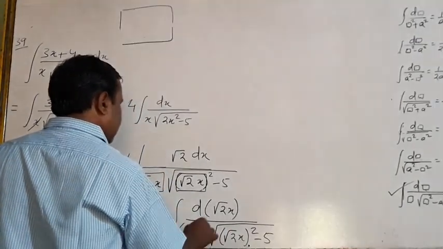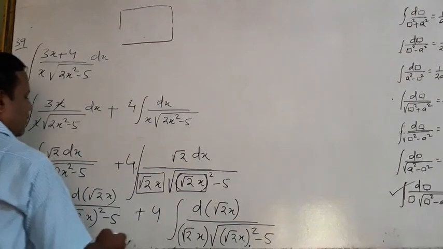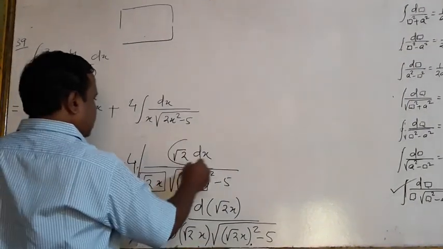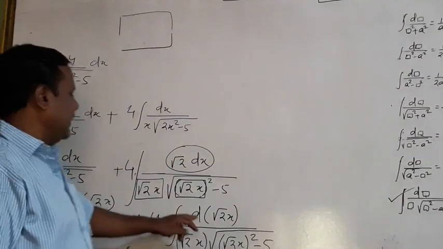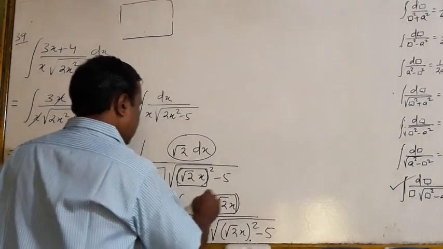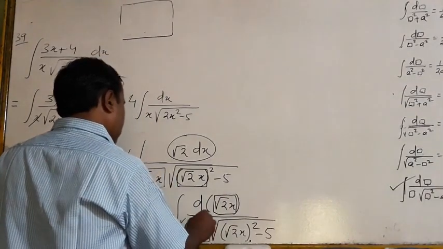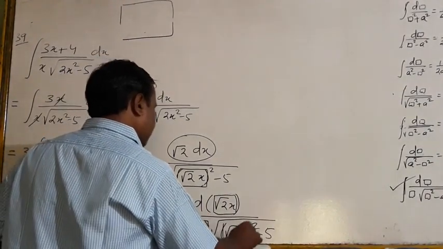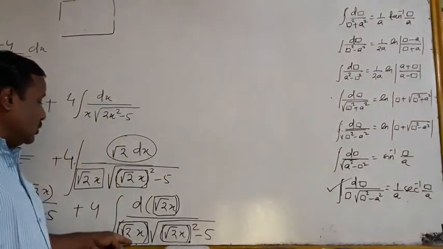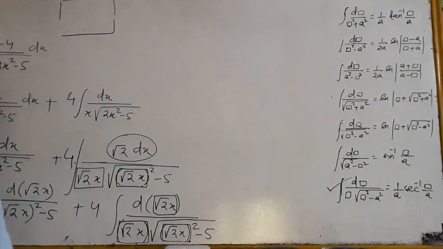Now 4 outside, and in place of root 2x I am writing the derivative of root 2x. This is box, this is box, this is box square. So it is in the form d box by box into box square minus a square.